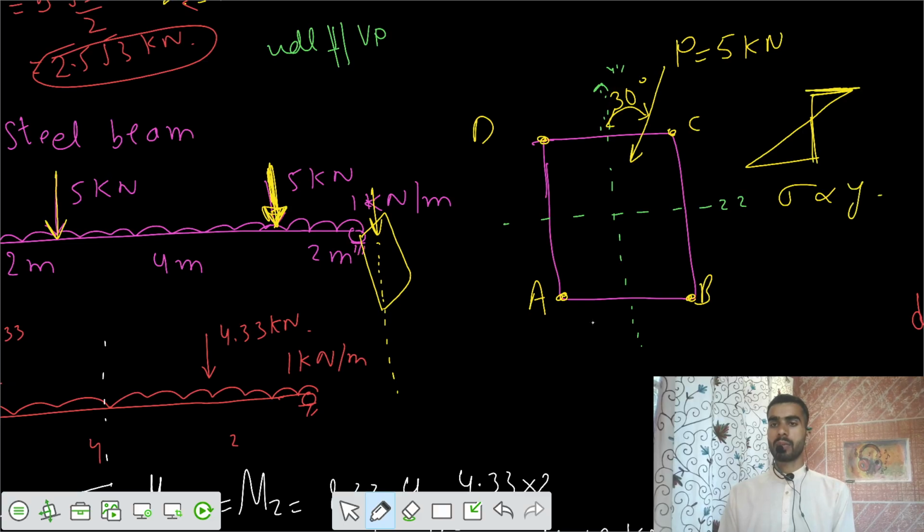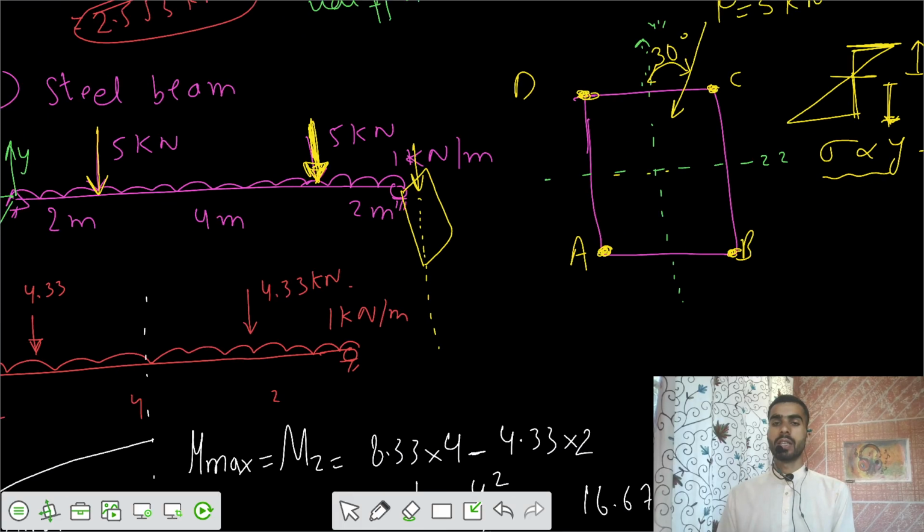As you go from the neutral axis towards the extreme fibers, stresses will be maximum. That's why we are solving for the corners only, because if the corners are safe, that means the internal parts are also safe for the bending stresses. So you need to find the stresses at ABCD.